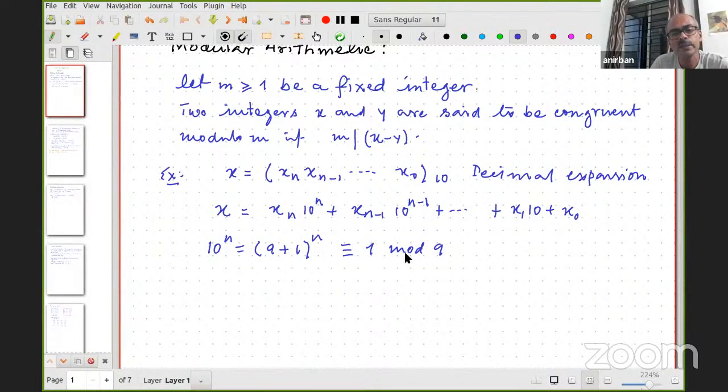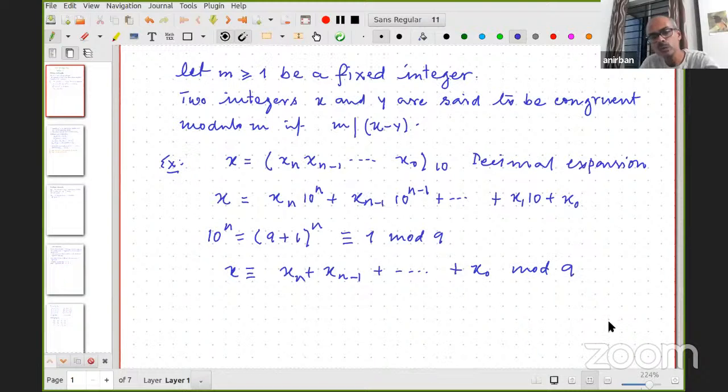You would be left with the last one, which is 1. So it's 1 mod 9. If we use this, then x is congruent to the digit sum, the sum of its digits. So every integer is congruent to the sum of its digits modulo 9.